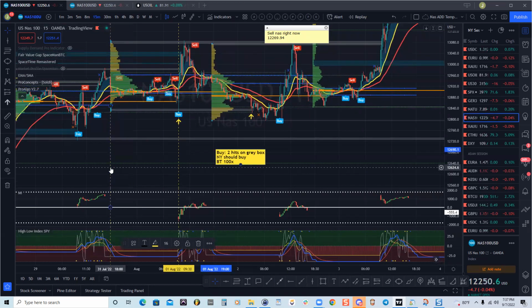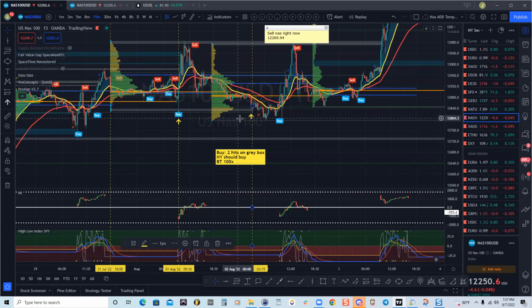It took all of Asia, all of London, and New York here. First hit. Where's the second hit? Here. You have to touch and enter the zone.